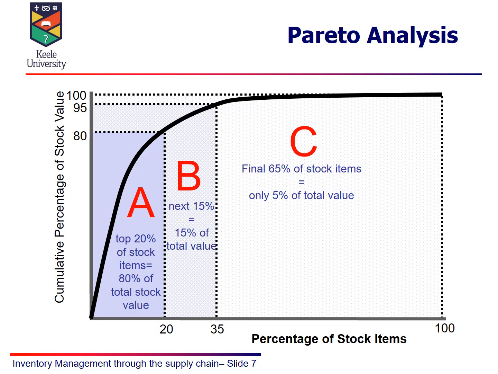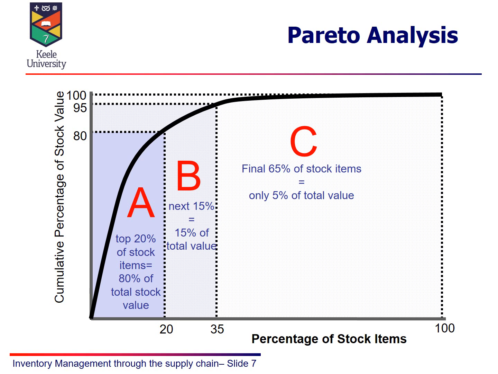Okay, now one concept that's widely used in inventory management is the idea of Pareto analysis. You may not have heard of this, but Pareto, by the way, was the Italian economist Alfredo Pareto, who first identified things like the distribution of wealth in society, the need to focus on the important items and so on.